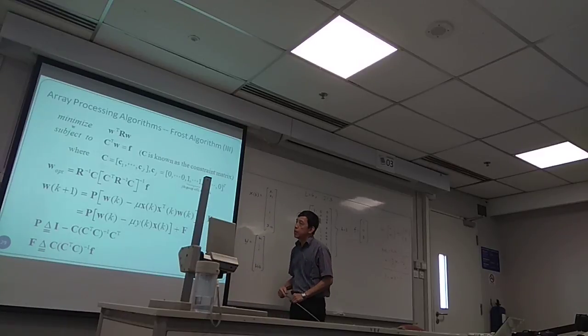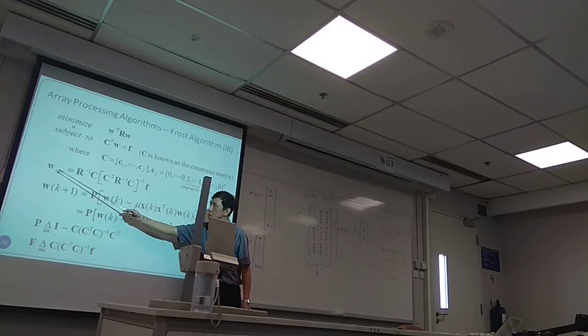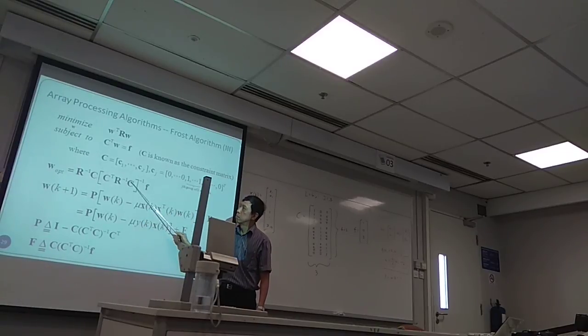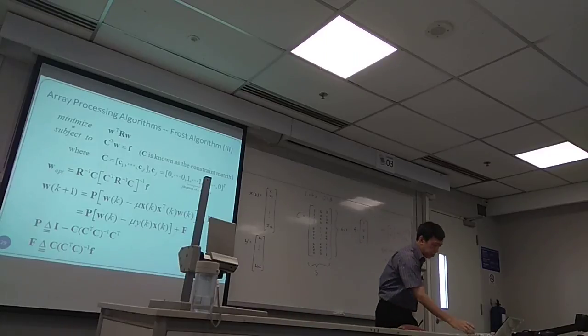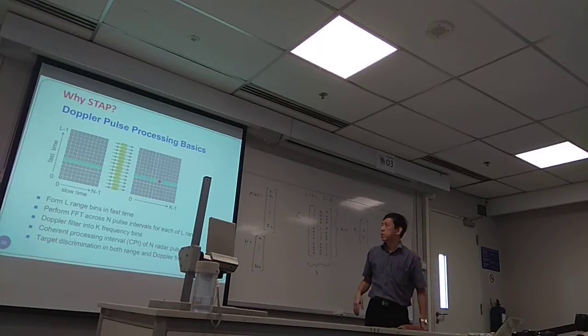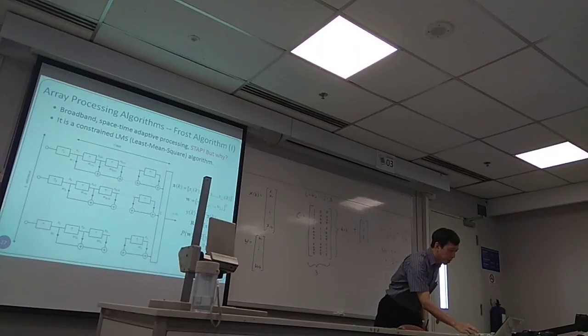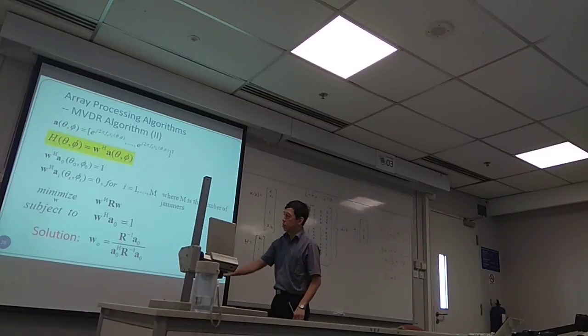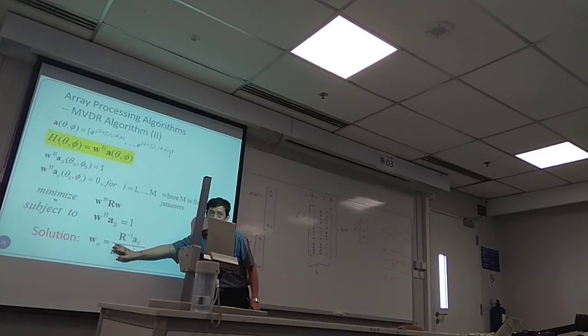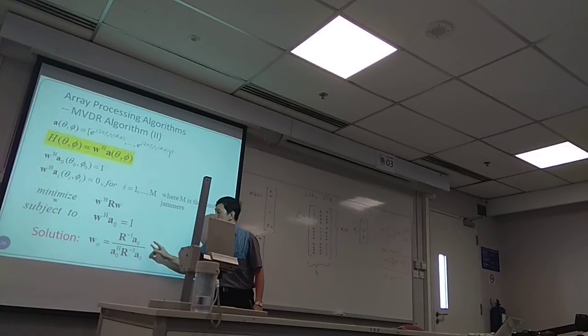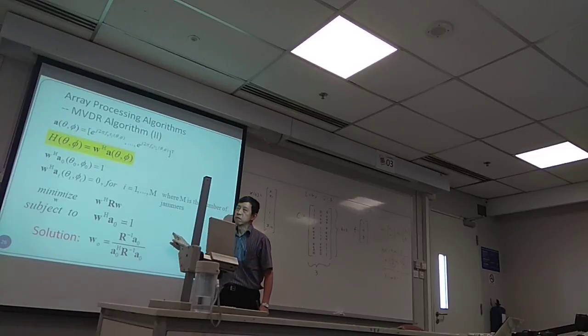Now the end solution for the weight vector will in fact be similar to what you have: R inverse C, then C transpose R inverse C, inverse again, and then multiplied by the vector F. Comparing this, you see you have something in the denominator. You can bring it up, put a bracket around this term, and then put an inverse.